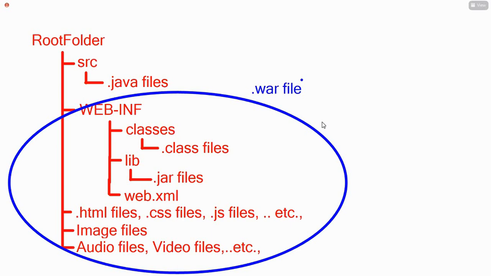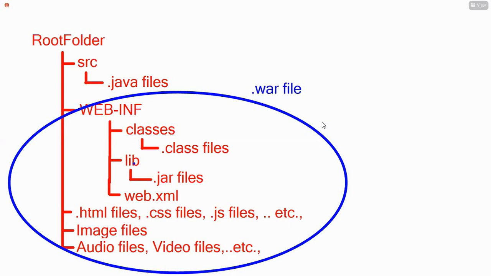So the welcome program also has the same structure, and the project also has the same structure. All .java files should be in the src folder. .class files should be in the classes folder. If your project requires jar files, those should be in the lib folder.